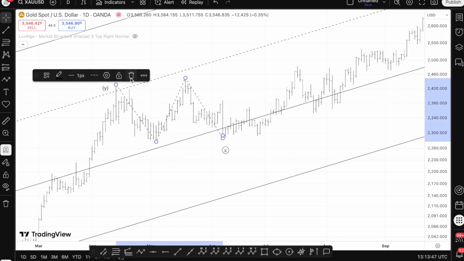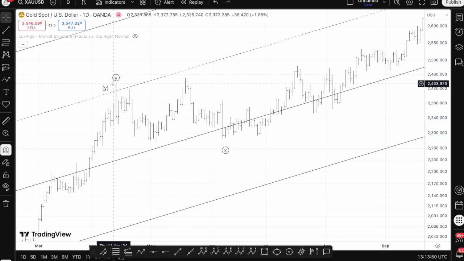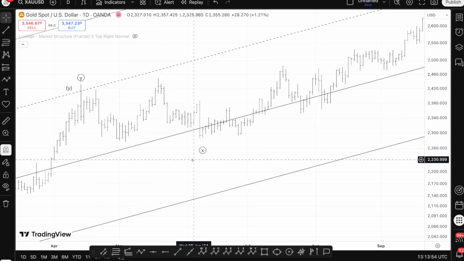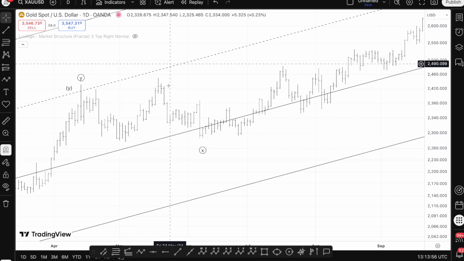And this first leg is obviously a corrective structure. I can call this WXYXZ. The second leg, because of this price action, is absolutely corrective.